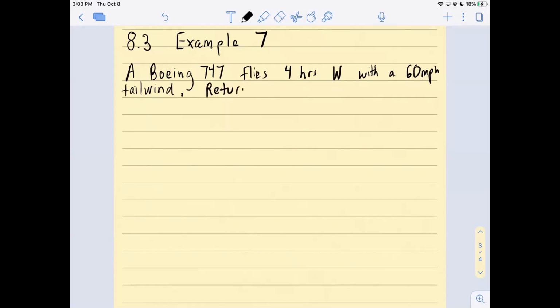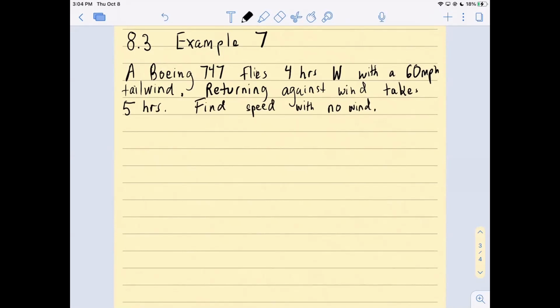Returning against the wind takes 5 hours. Find the speed with no wind.